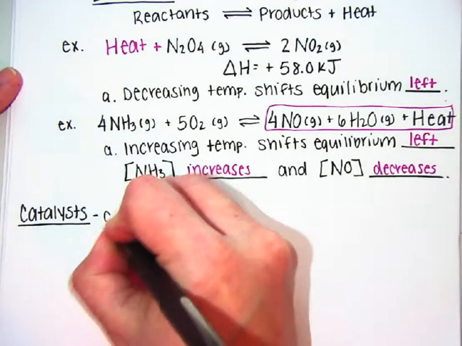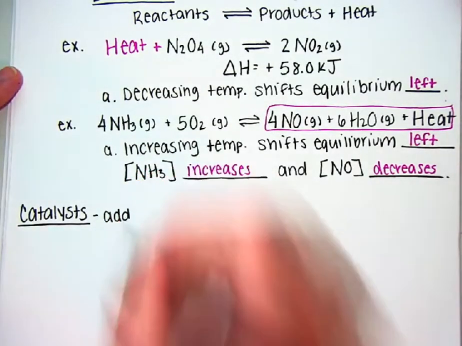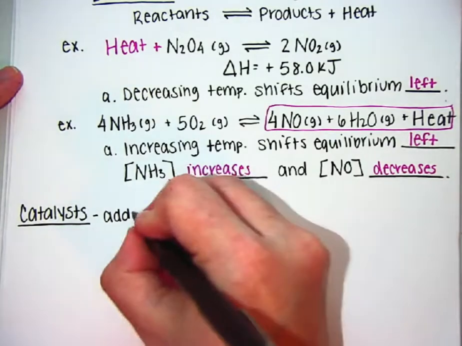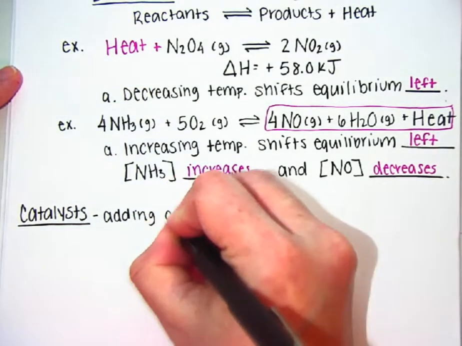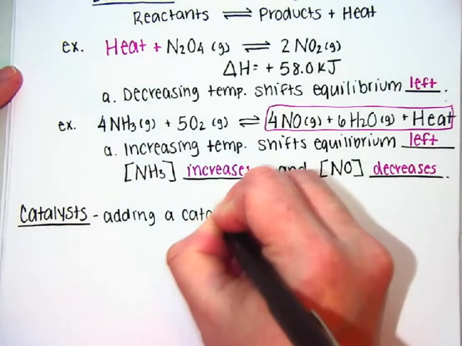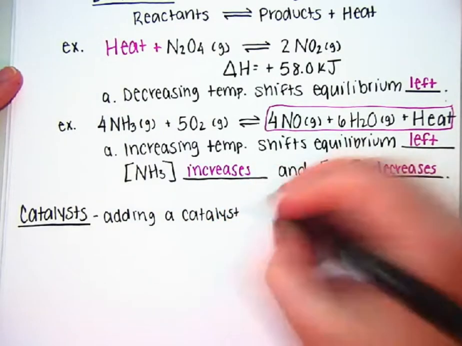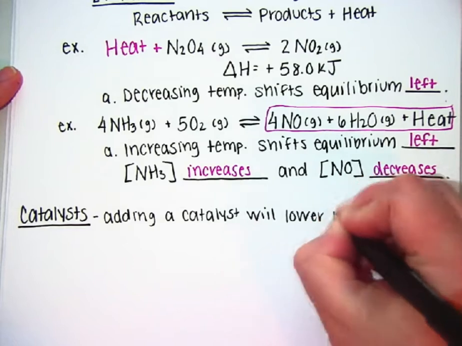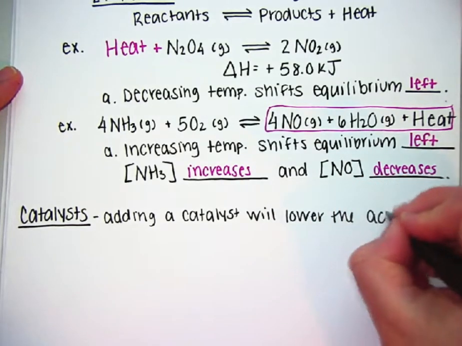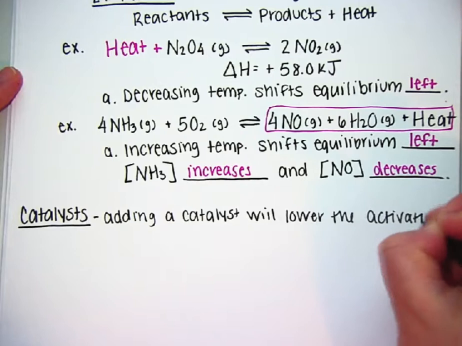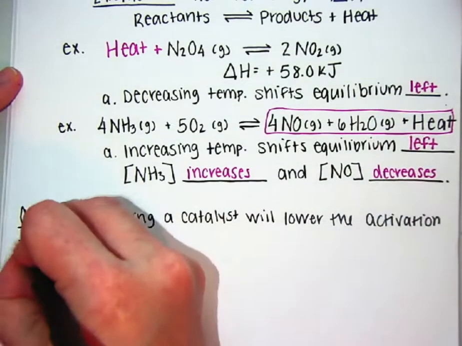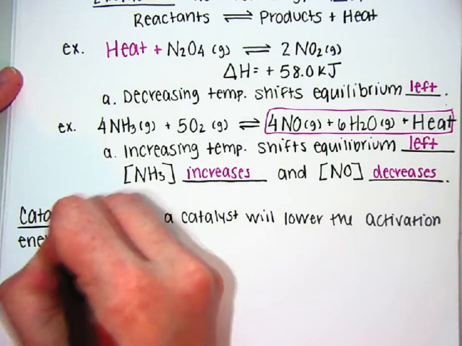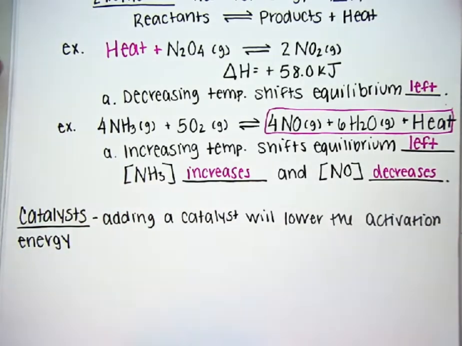So quick reminder from our module on kinetics. Adding a catalyst will lower the activation energy. And that's why the reaction goes faster.